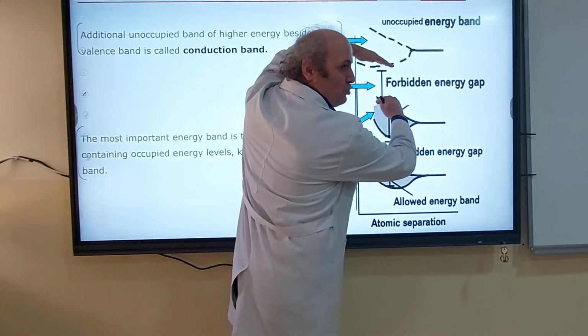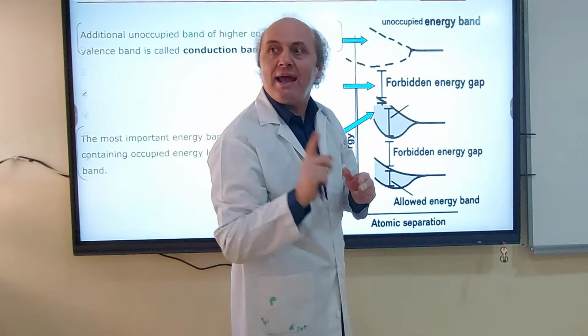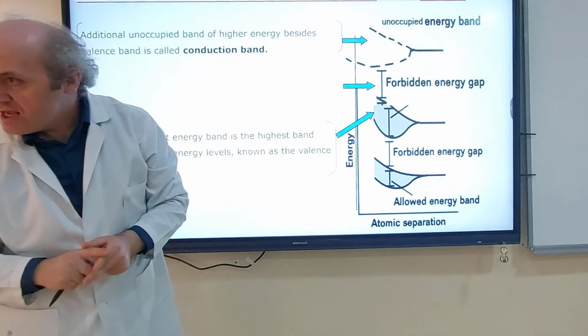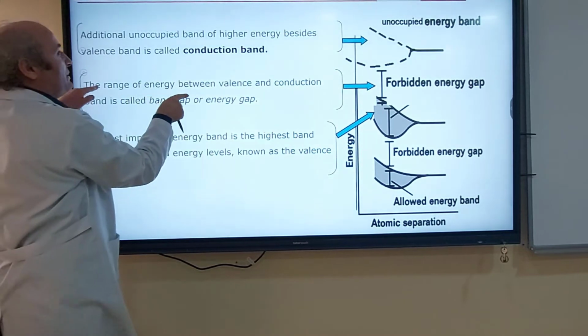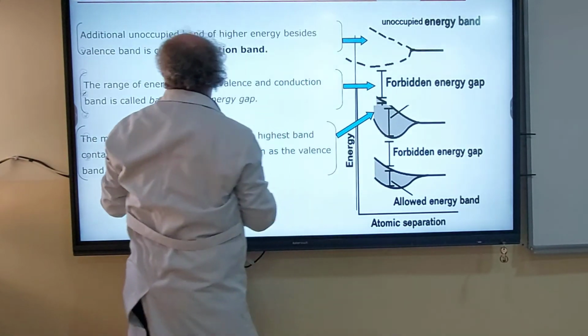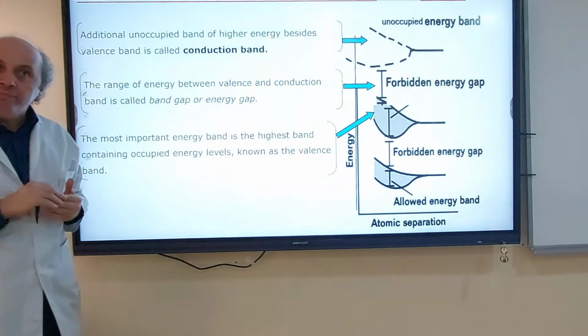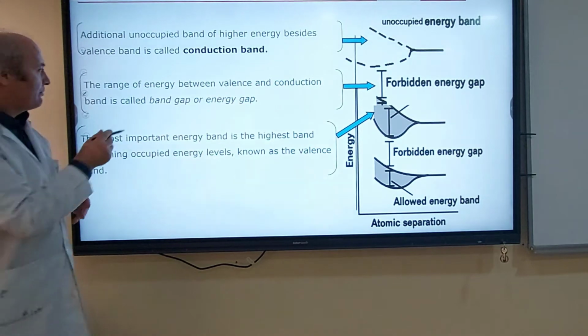And between these two bands, there is a forbidden energy gap, where electrons can never be found. The range of energy between the valence and conduction band is called the band gap, or forbidden energy gap.